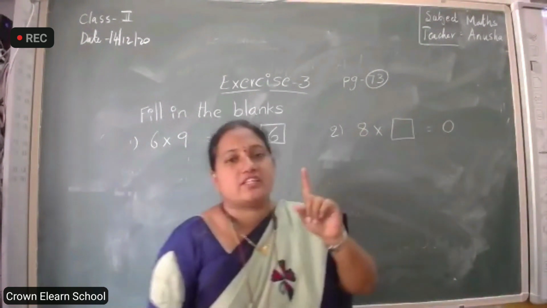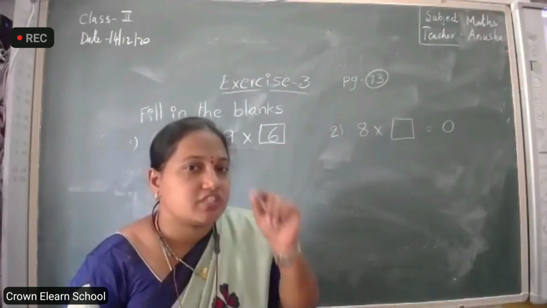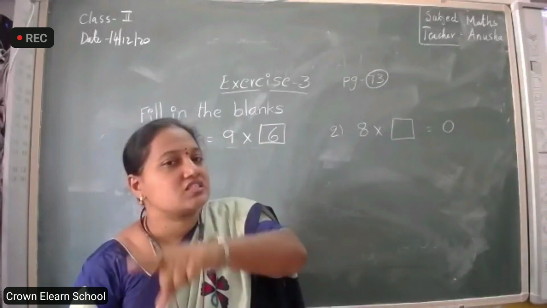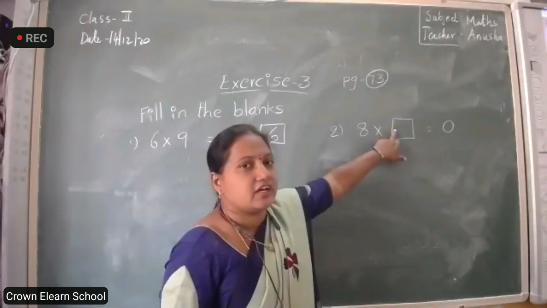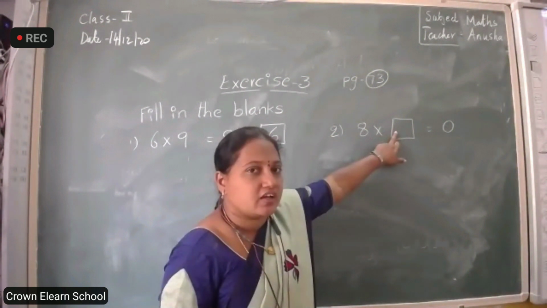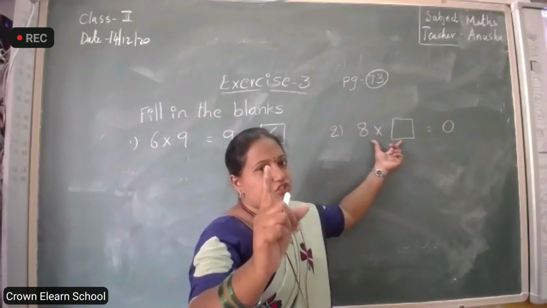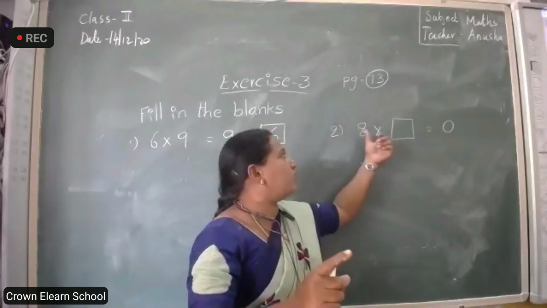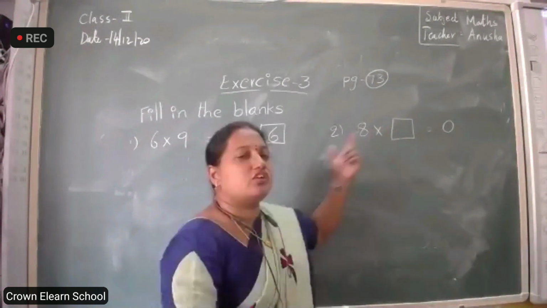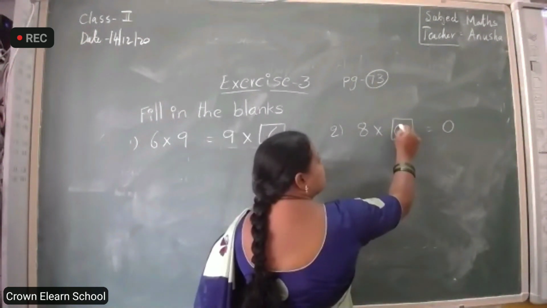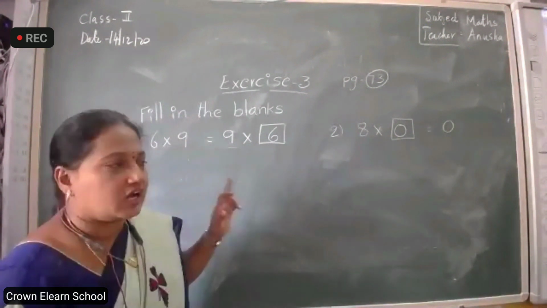When will you get 0? In the question, if 0 is there, automatically the answer will become 0. In the answer 0, one of these two numbers should be 0. So one number here is 8. What is the other number? 0. Then only we can get 0 in the answer. So for the second blank, 0 is the answer.